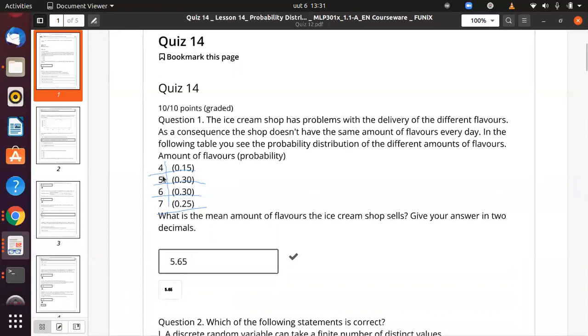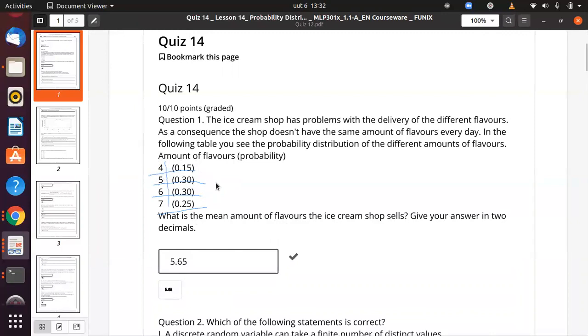The probability to have 4 is 0.15, to have 5 is 0.30, 6 is 0.30, and 7 is 0.25. They ask you for the mean. The mean is the same thing as the mathematical expectation. To compute it, you take each discrete value times its probability.